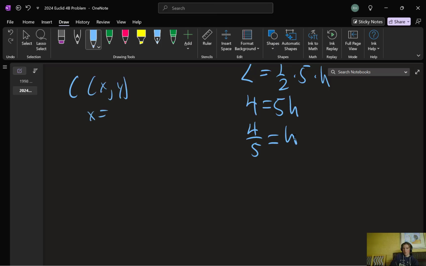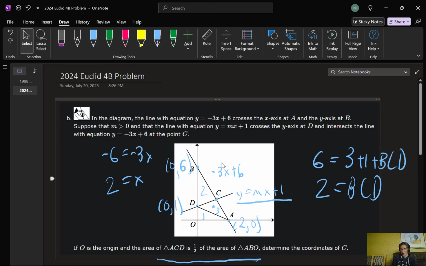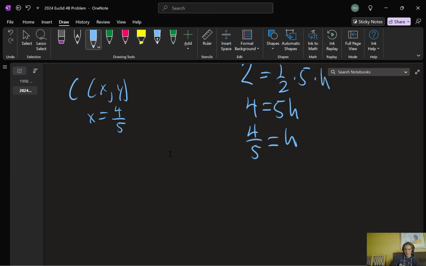We know x is equal to 4/5, and now we can solve for y because they gave us an equation above, and we know C lies on that line. We know y is equal to negative 3x plus 6.